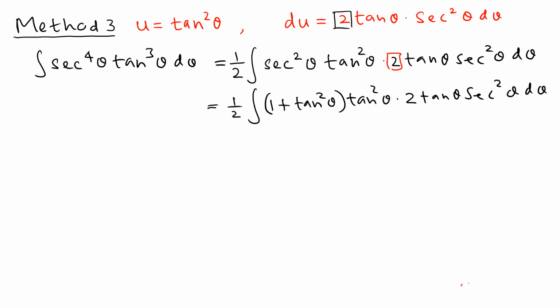Now we can substitute, because this is the derivative part, and wherever you see tan squared, you can plug in u. So this is going to be 1/2 times 1 plus u squared.